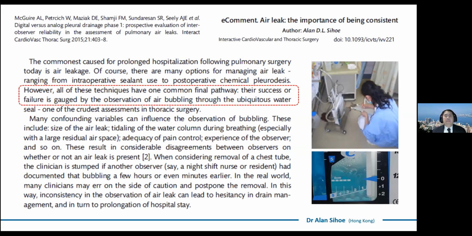It depends on how well the patient coughs, how well the patient's pain is under control, the experience of the observer, the nurse or your resident, and a lot of other factors. So if your final outcome measure is unreliable, the whole trial itself can get compromised. With these realizations, I think that's why we're moving on to newer trials that hopefully we'll be hearing about in the next few talks.